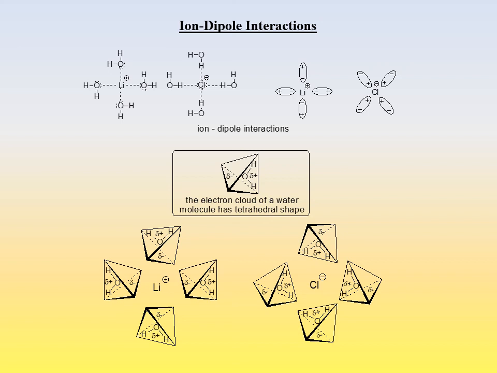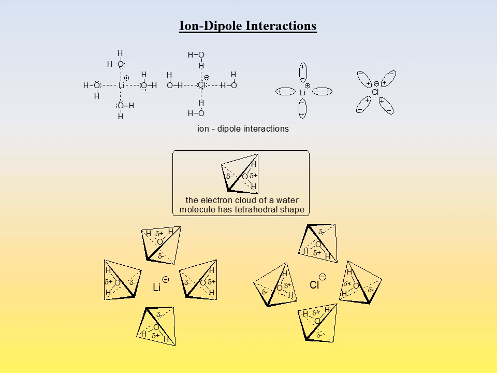All of the molecules that are capable of hydrogen bonding are also capable of dipole-dipole interactions. And of course, by default, every molecule is capable of London interactions. So, for example, a molecule of water or alcohol is capable of hydrogen bonding, dipole-dipole interactions, and London interactions.